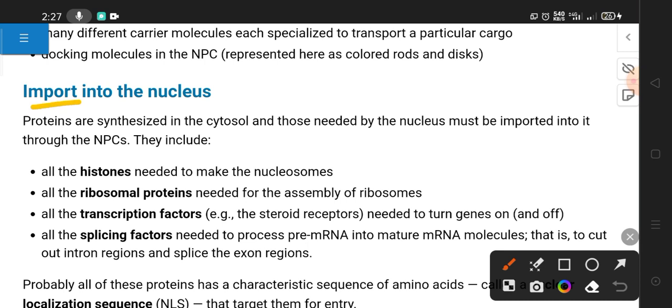The next is import into the nucleus. Proteins are synthesized in the cytosol, and those needed by the nucleus must be imported into it through the NPCs.